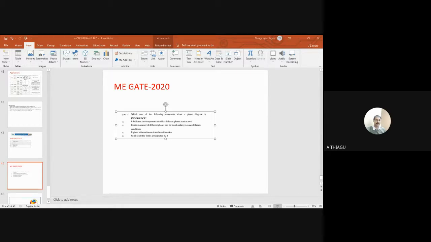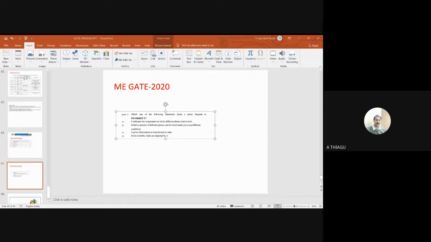Anyone? Any guess or any try regarding this phase diagram? Which one of the following statements about a phase diagram is incorrect? In the beginning of the slide itself, I suggested the information on the phase diagram. 4 points I presented.